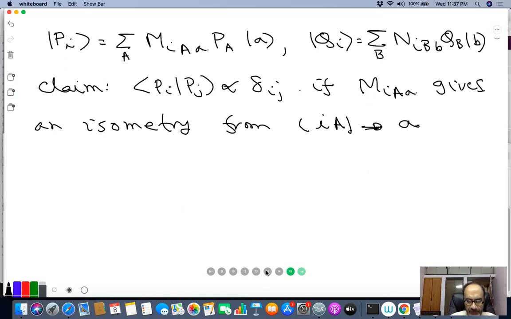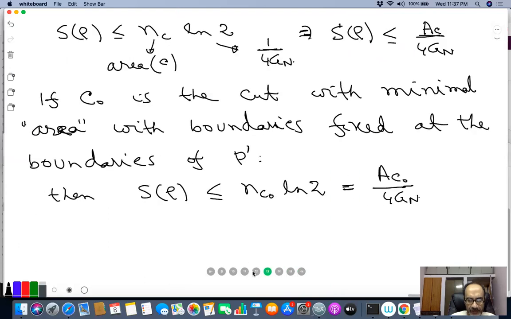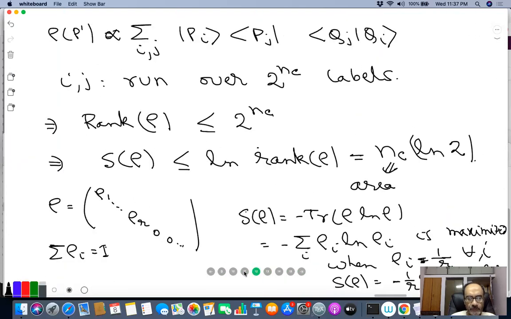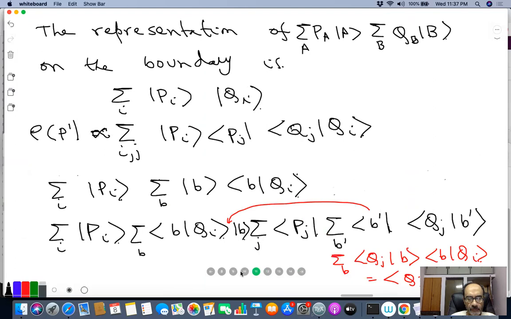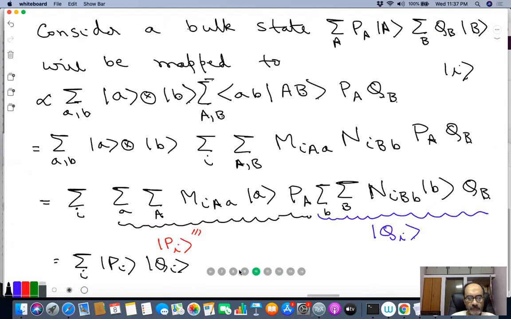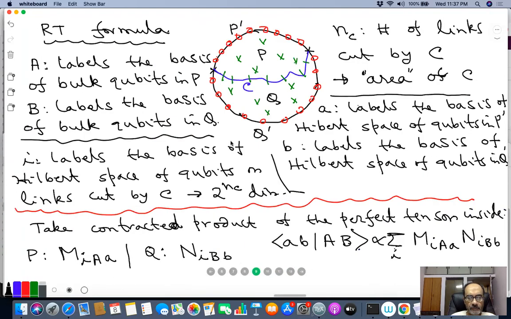So let me go back to this figure again. See this figure. So M has these 3 indices, right? I labels the Hilbert space basis here.